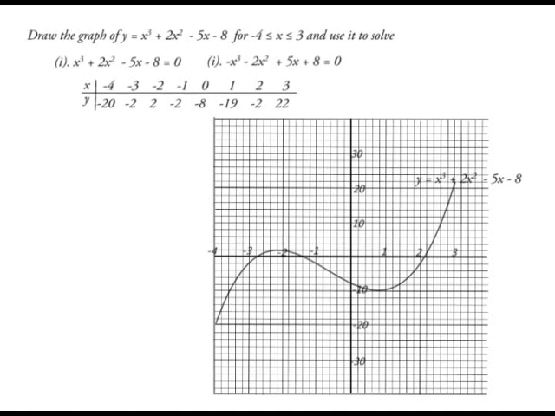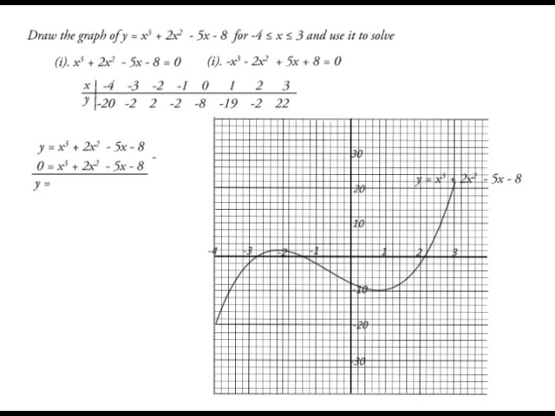Solving equation 1, we rearrange it to 0 = x³ + 2x² - 5x - 8, and then we compare it to the equation of the graph, y = x³ + 2x² - 5x - 8. We need to eliminate the cubic function x³ as well as the quadratic function 2x². We can only do that if we subtract the 2. y - 0 is y.